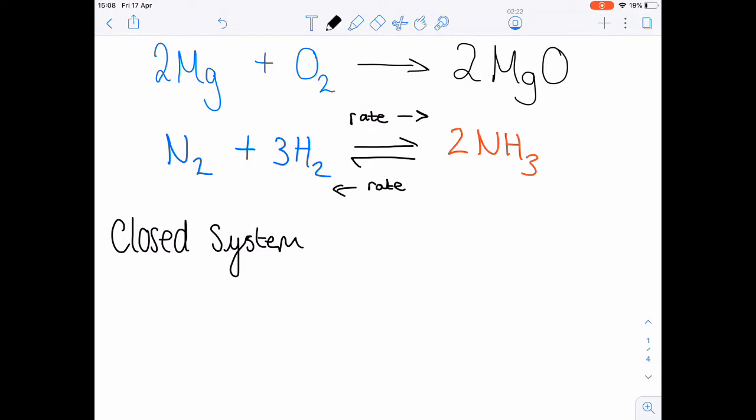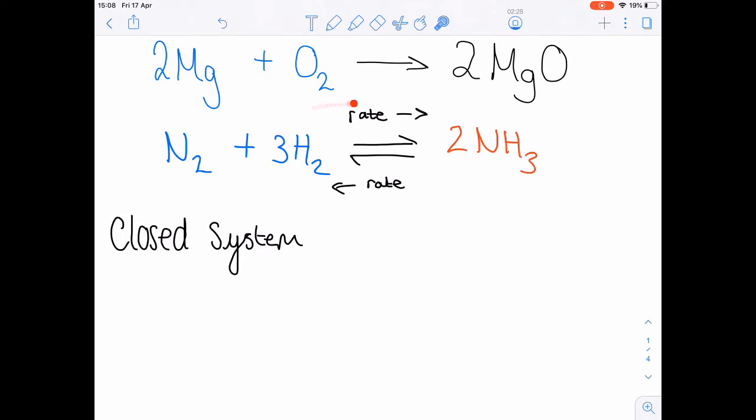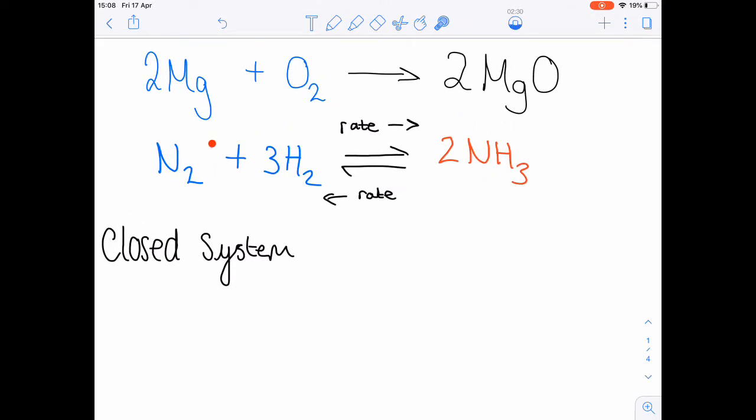So when the rate of reaction going forwards, these reactants producing this, is equal to the rate of that, that's when we get something called equilibrium. So that is one of the key words today, and that's when the rate of the forwards reaction is equal to the rate of the backwards reaction.